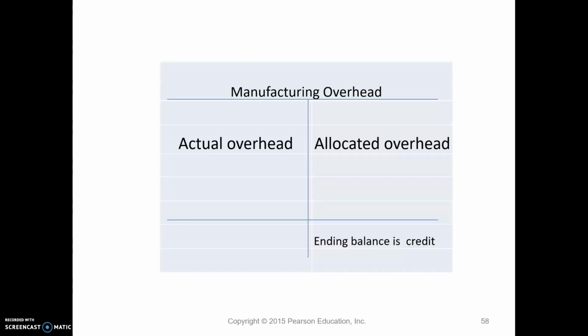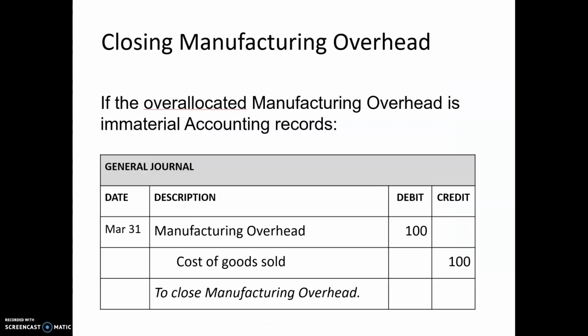So if that happens, we put more on jobs than we actually incurred, we're going to end up with a credit balance in manufacturing overhead. So when we get to the end of the period, we want to close out manufacturing overhead. Since it has a credit balance, that means to close it, we need to debit it. We'll debit manufacturing overhead and we'll credit cost of goods sold.